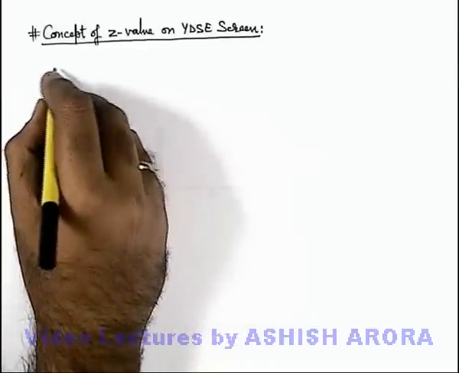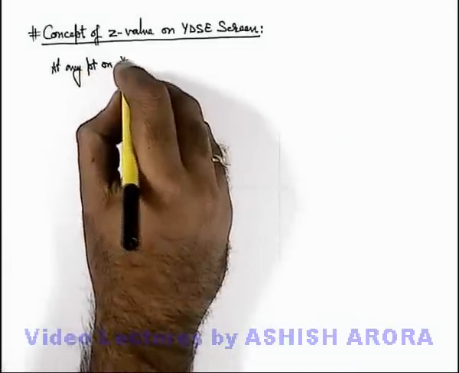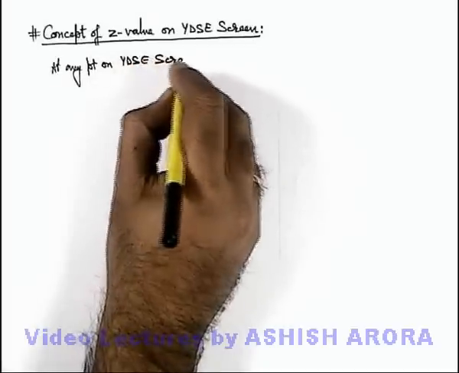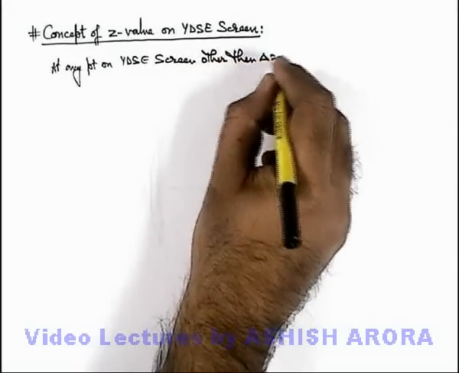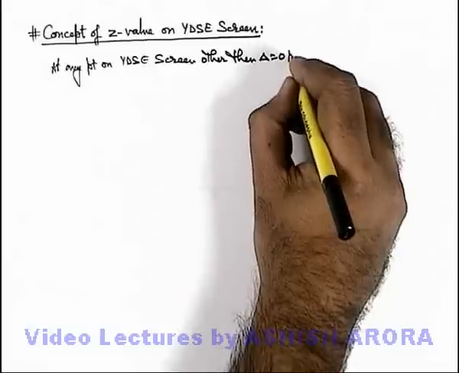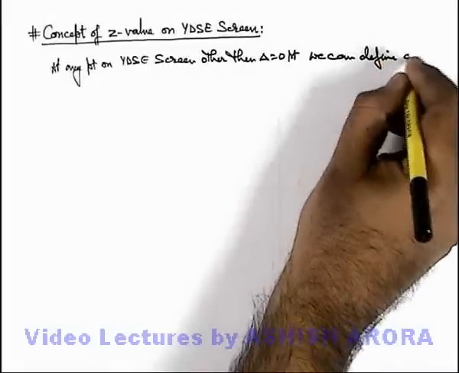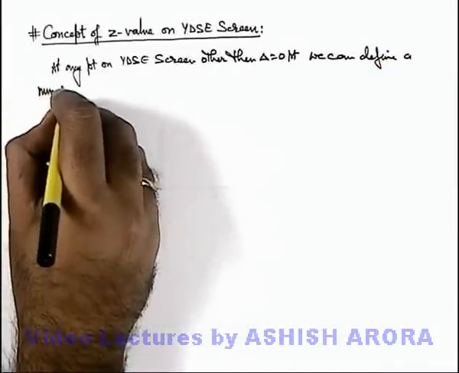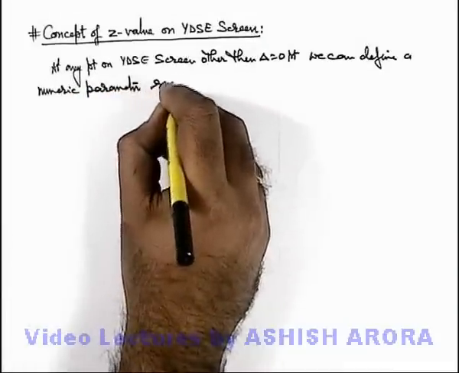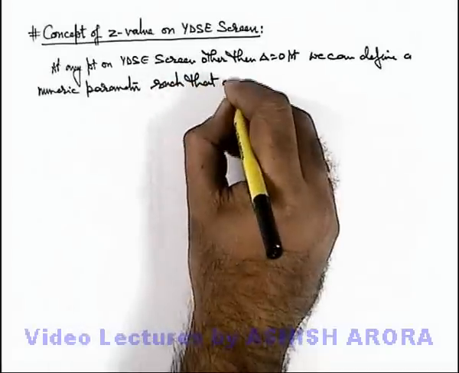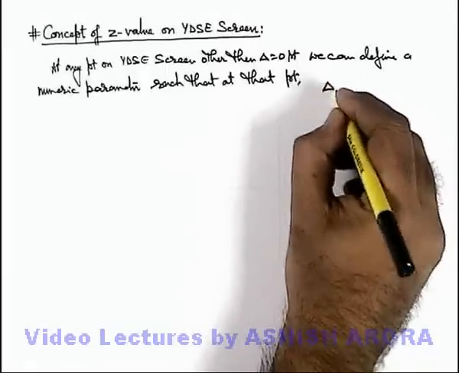About this point here, we can write that at any point on the YDSE screen other than the point of path difference 0, that is the central maximum point, we can define a numeric parameter such that at that point we have the path difference, say P.